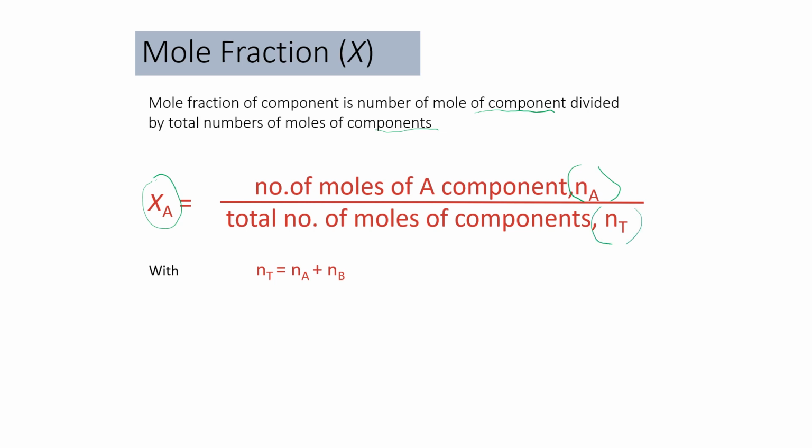To calculate Nt, we have to add Na and Nb. This is the sum of the number of moles. So this is how we find the mole fraction for component A. And if we want to find the mole fraction for component B, we use the same formula.